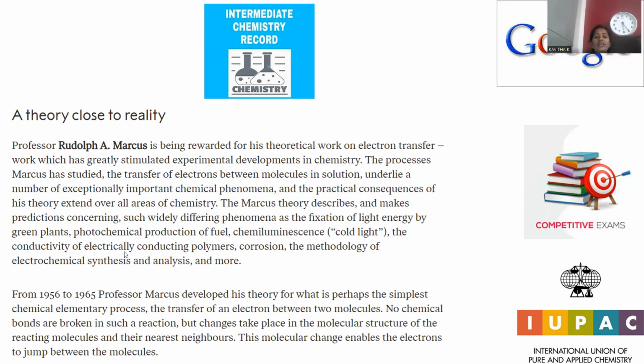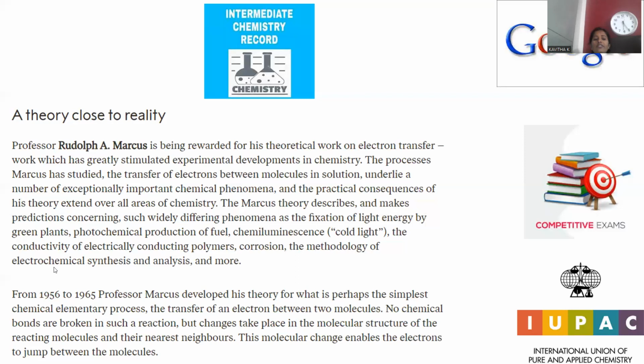And conductivity of electrically conducting polymers. Polymers are compounds which have exceptional ability to conduct electricity. That assumption was also made by Rudolph A. Marcus. Corrosion process, deterioration of metals by means of environmental interaction, that process is also theoretically given by this scientist Rudolph Marcus.